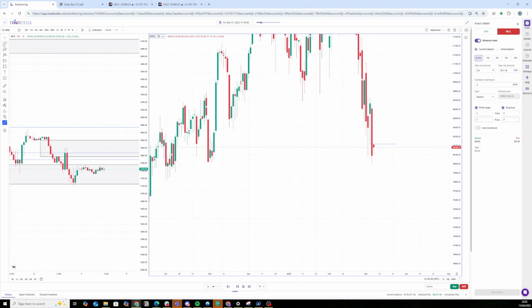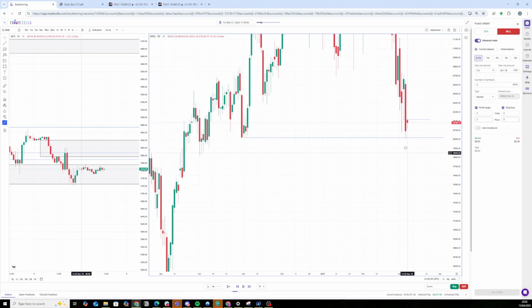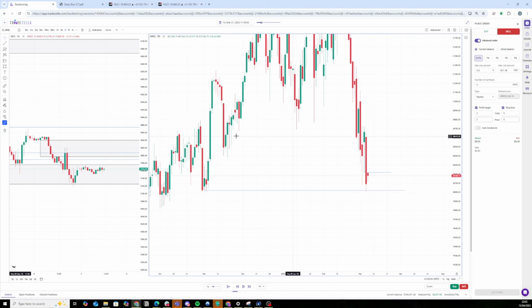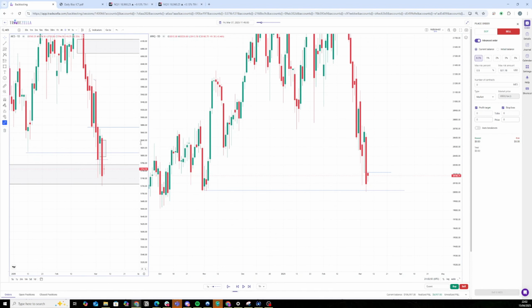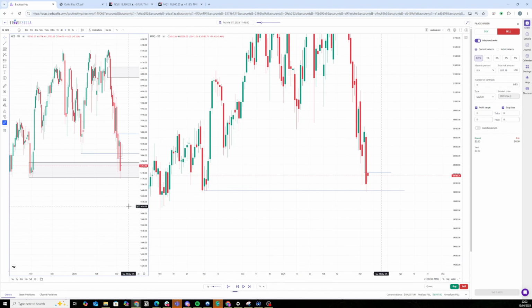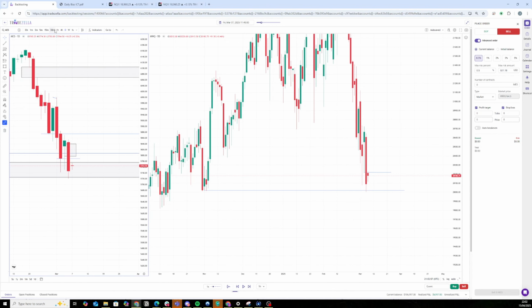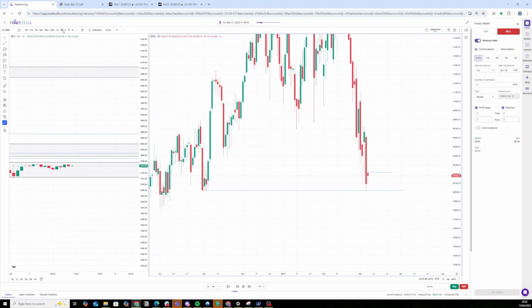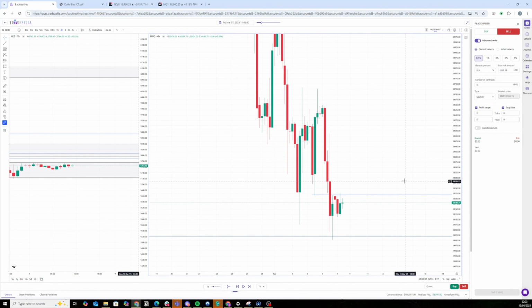We've already invalidated this order block. You see how we took out the bottom of this order block? That order block is now invalidated. And we closed below yesterday's low, so that's going to give me a bearish bias coming into the day. Let's just check this. Yeah, the exact same. Okay, so let's go onto the 4-hour and see what we've got here.